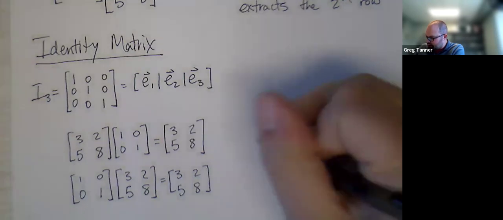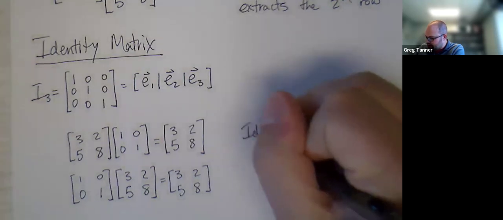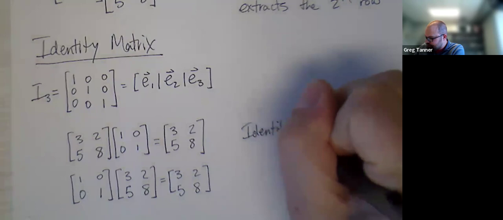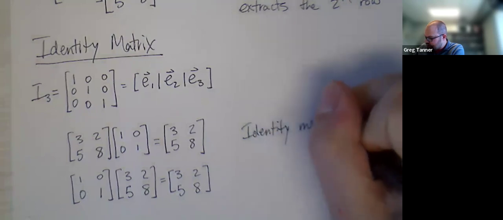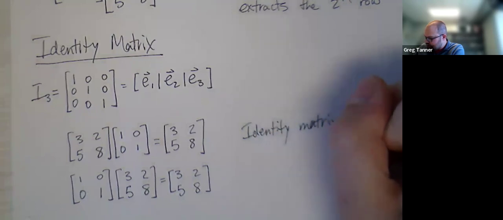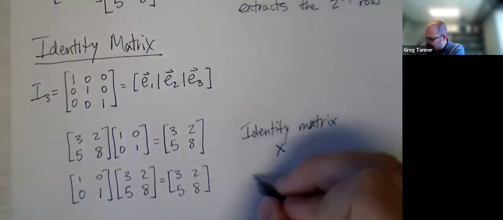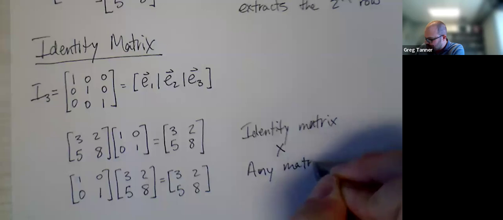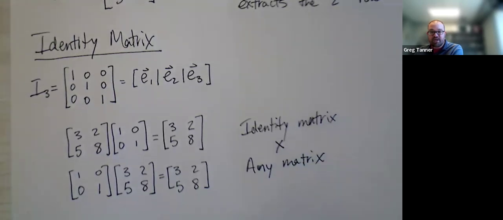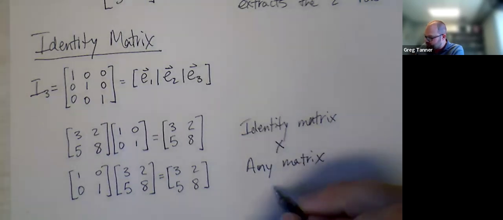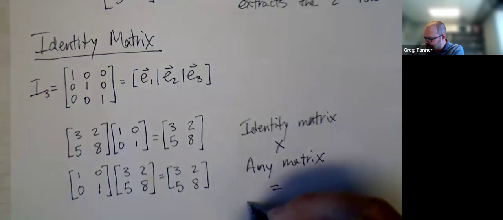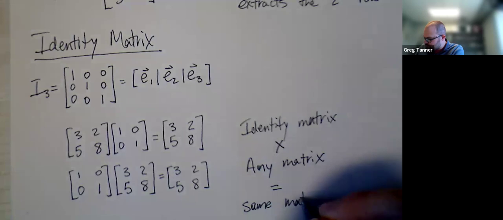So identity matrix times any matrix, as long as that multiplication is well defined by the rows and columns matching up correctly, equals the same matrix.